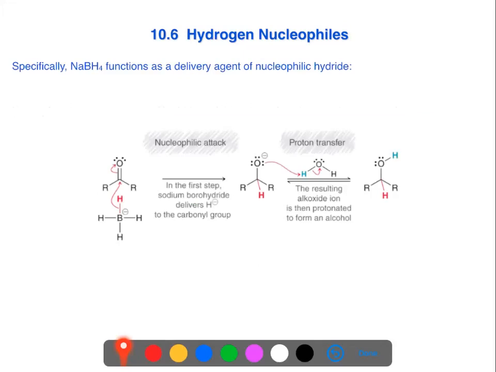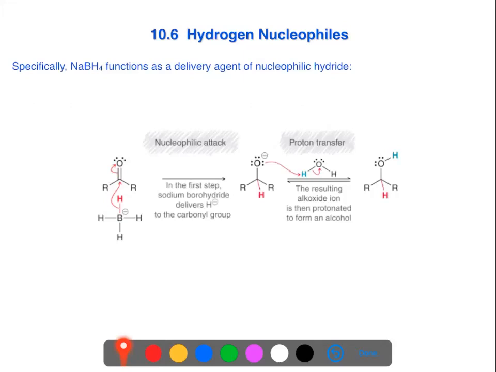So here's the mechanism that we saw previously in the last video, where we have nucleophilic attack from this BH bond. It's a hydride that's forming a new bond with carbon. As the electrons of this BH bond are forming the new bond, this carbon-oxygen bond is breaking.